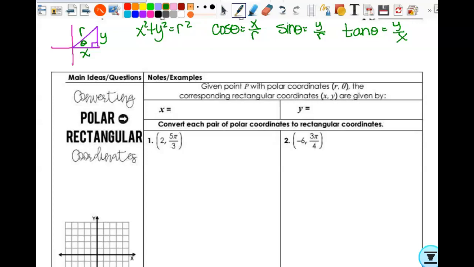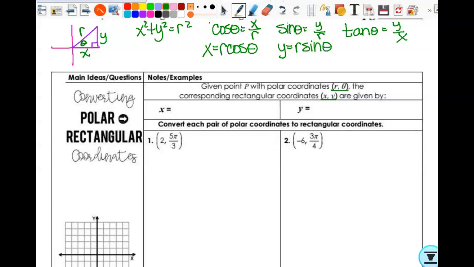Okay. So what we're doing today is we're going to be converting between polar and rectangular coordinates. Okay. And so it says, given point P with polar coordinates r theta, the corresponding rectangular coordinates x, y are given by this. So I need to take what I have up here, solve for x, solve for y. So I can easily solve for x from here. If I just multiply both sides by r, I'm going to get x equals r cosine theta. And if I multiply both sides by r here, I'll get y equals r sine theta, which we've seen before in some other stuff that we've done.